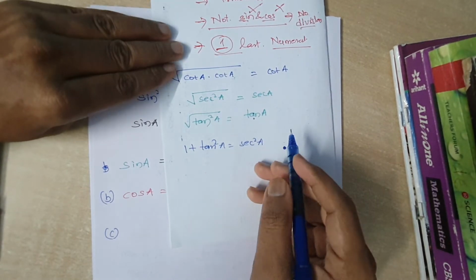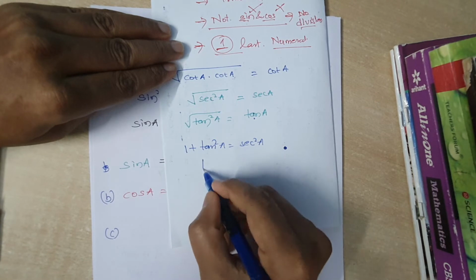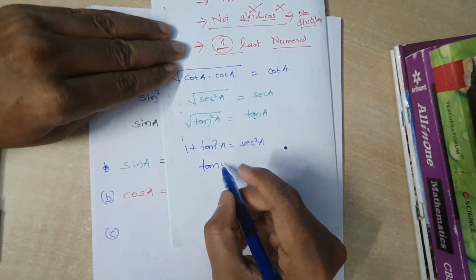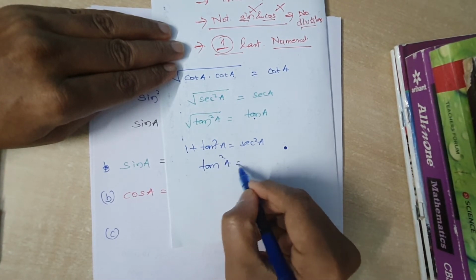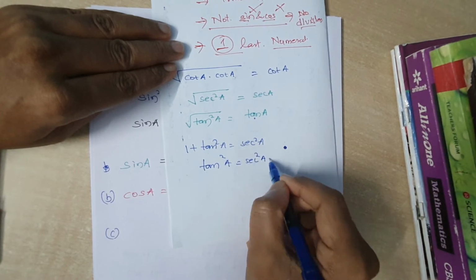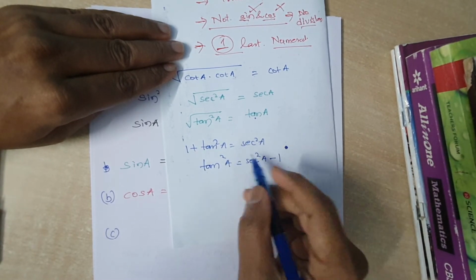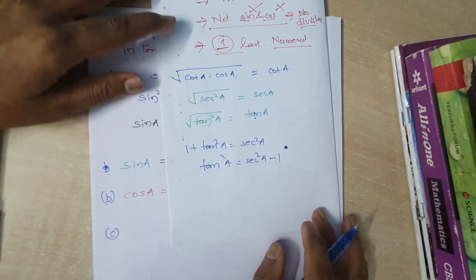Then tan square A is equal to sec square A minus 1. So if you remove the square, it becomes the square root of it, yes, we can write it.